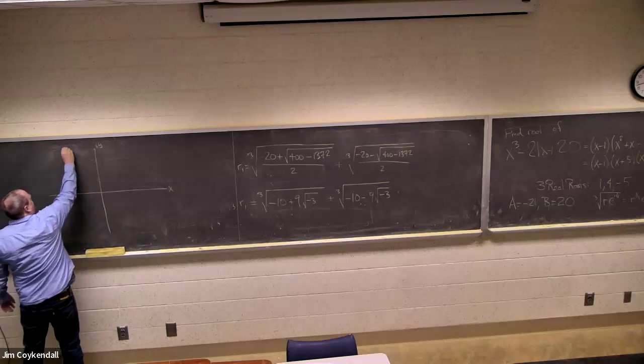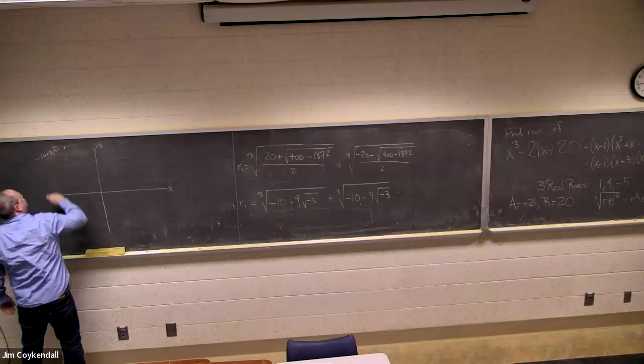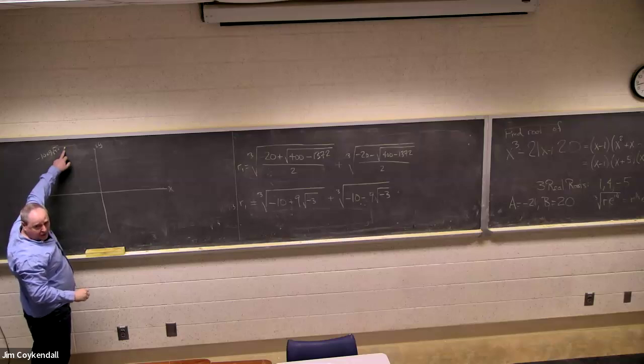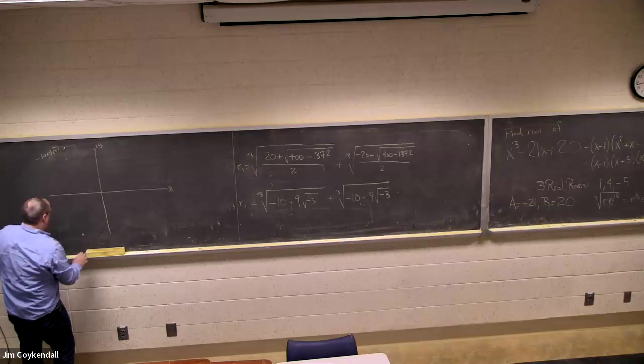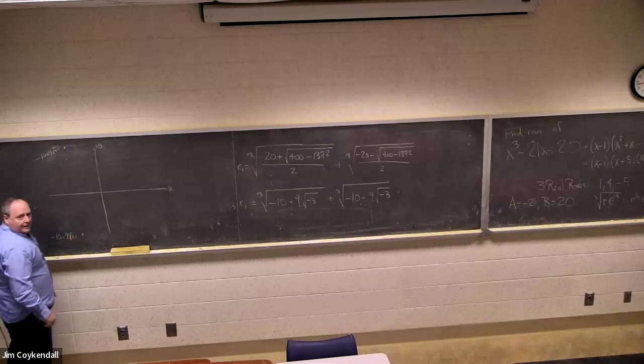So -10 plus 9 radical 3 i would be right here. And the other one under the cube root is the conjugate of that, so it would be down here, sort of symmetric. I drew that a little better. Right.